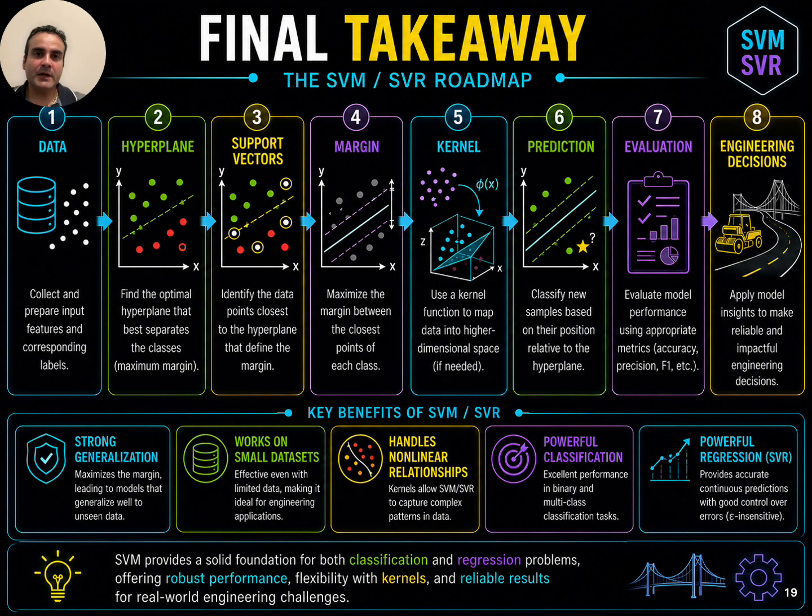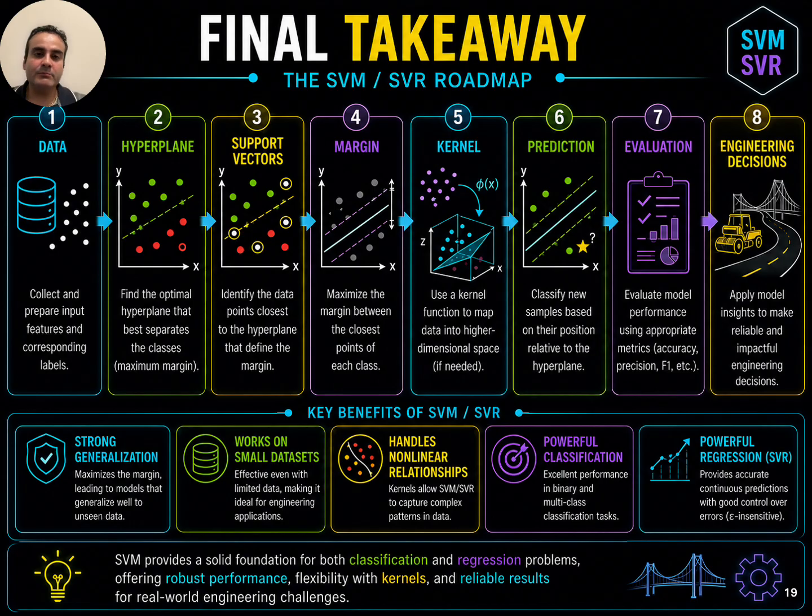This slide summarizes the complete SVM and SVR workflow. The process begins with data collection and preprocessing. The algorithm then identifies the optimal hyperplane or regression function using support vectors and margin maximization principles.